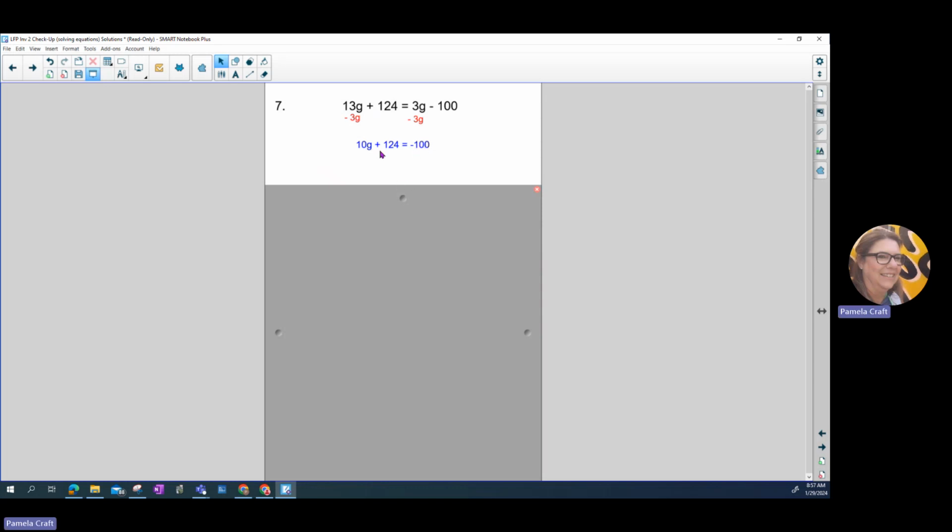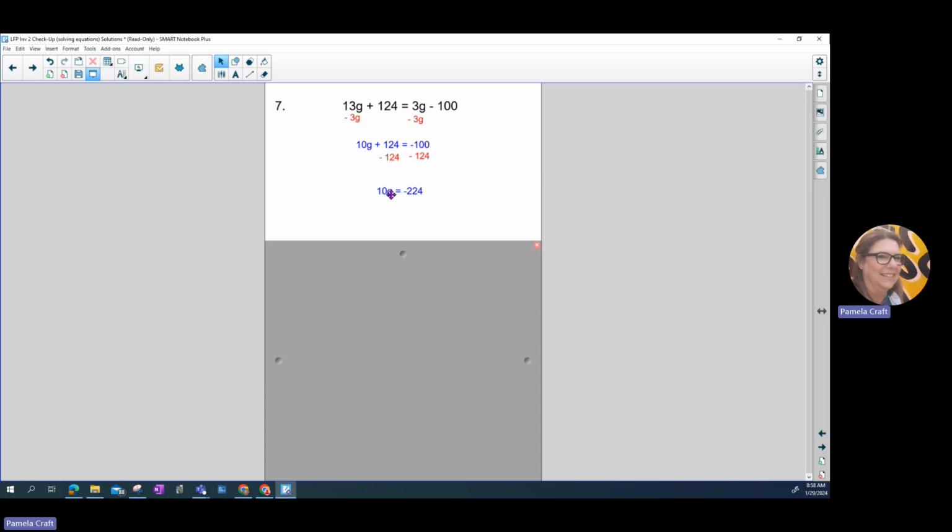So now I need to just solve this two-step equation. We have multiplication by 10, addition of 124. Get rid of addition first by subtracting 124. Do the same to the right side of the equation. Again, these cancel, turn into a 0. So 10G is going to equal a negative 224.